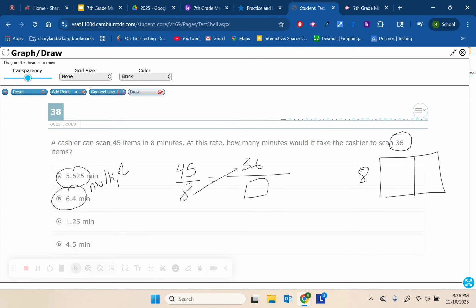Let's see here. 30 plus 6, this is 240 over 48. That is 288 divided by 45.